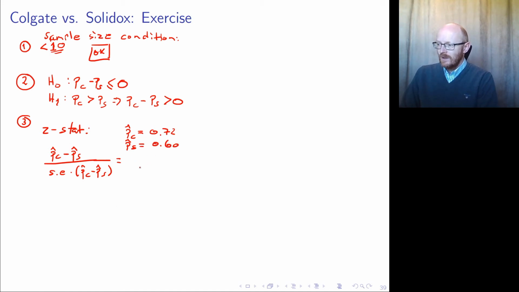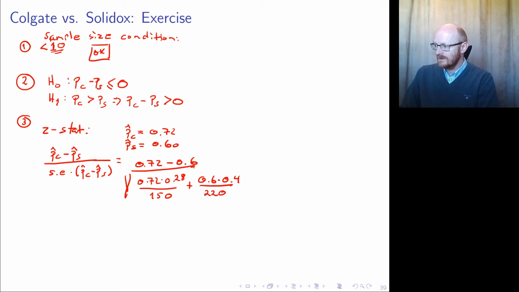So we take 0.72 minus 0.6 divided by the square root of 0.72 times 0.28, where 0.28 is 1 minus 0.72, divided by the sample size for Colgate, plus 0.6 times 0.4 divided by the sample size of Solidux.